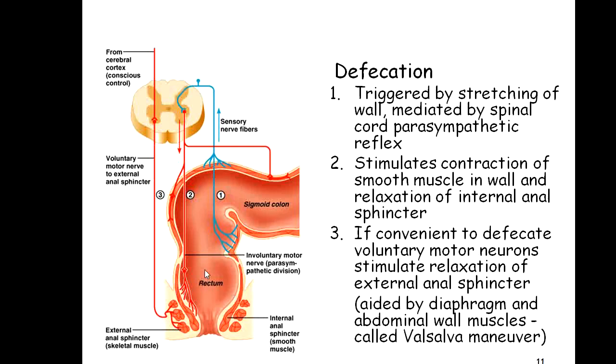What helps in defecation then, after relaxation of the external and internal smooth muscle, is that the diaphragm and the abdominal muscles combined, through contraction and relaxation, lead to the defecation of stools from the anus or from the rectum.